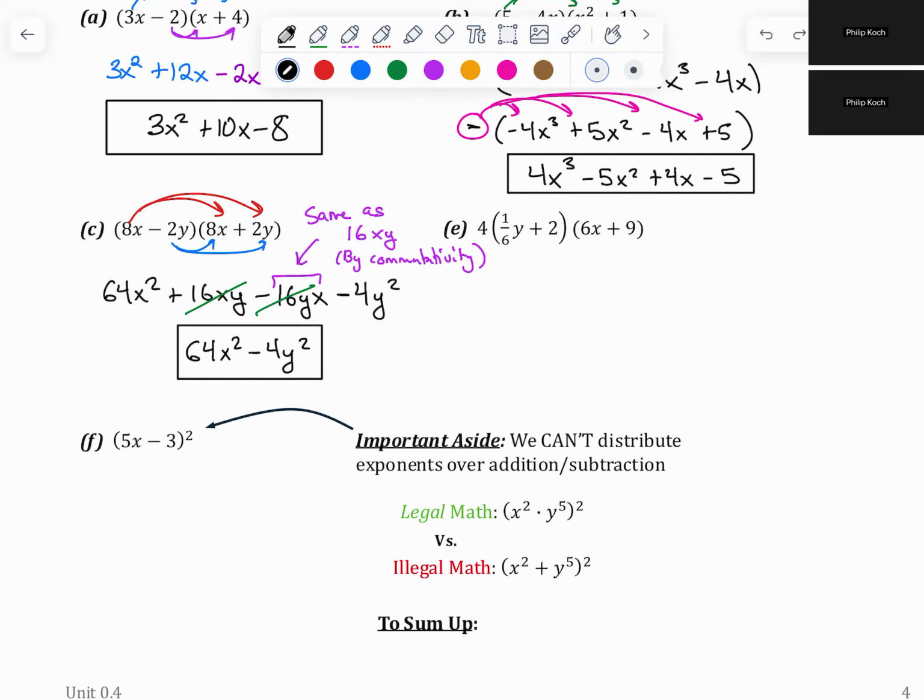It's because of the context. Here we're asking to simplify, to write it out in all terms. But later on in the next unit, we're going to talk about factoring, and factoring is going to be the undoing of this process. That's when we want to bring things out. Photomath and things like that will want you to start factoring, and that's just because the programming is kind of weird.